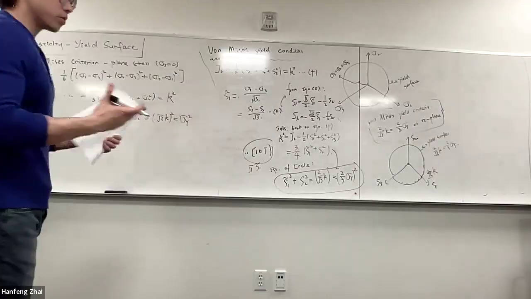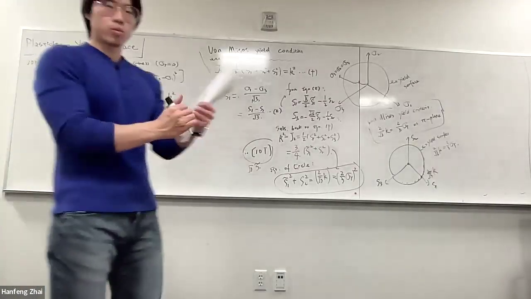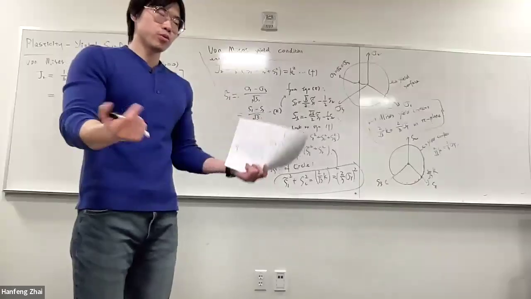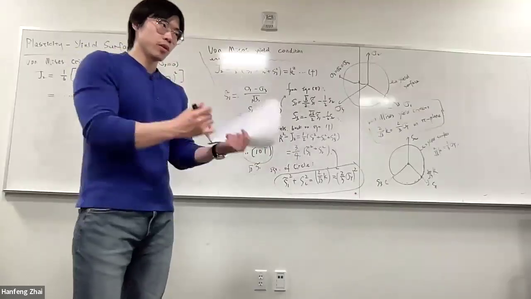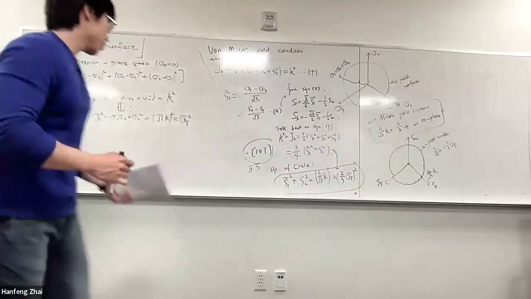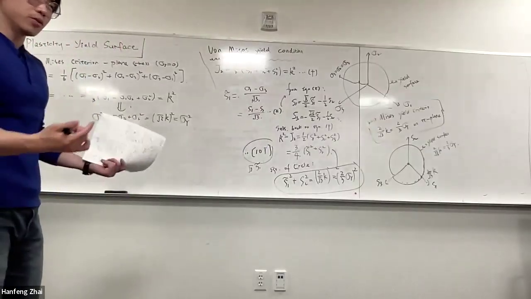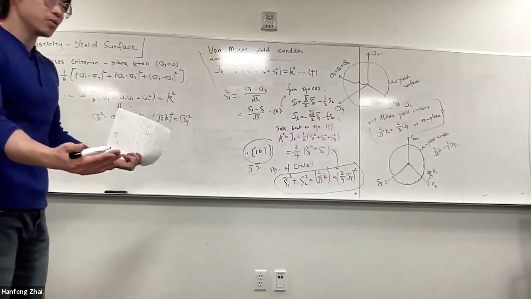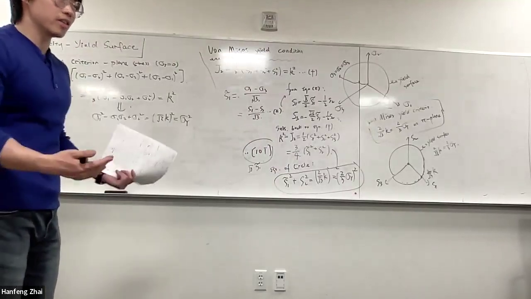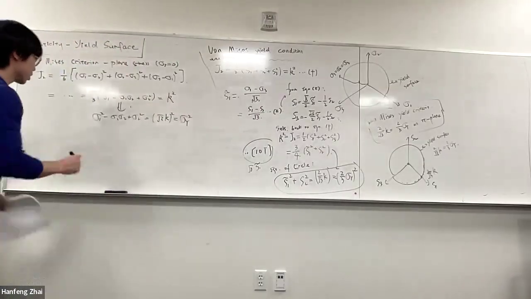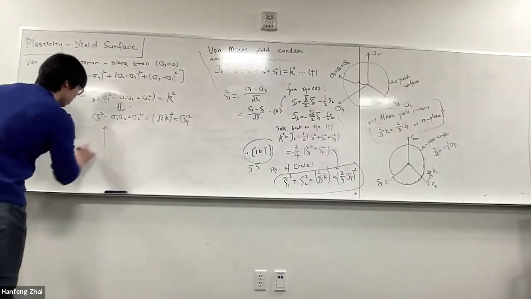The shape of the yield surface is a projection onto the two principal stresses, because there is no third principal stress under plane stress. If you plot it in sigma 1 and sigma 2 and observe this equation, what would be your intuition? If your intuition is that it looks like an ellipse, then congratulations, you have the correct intuition.